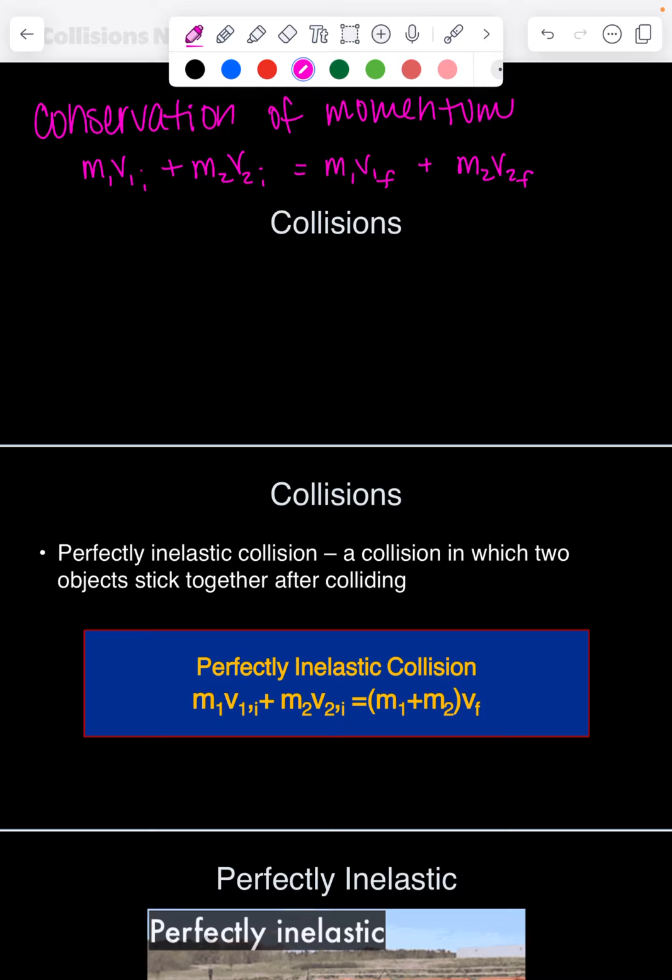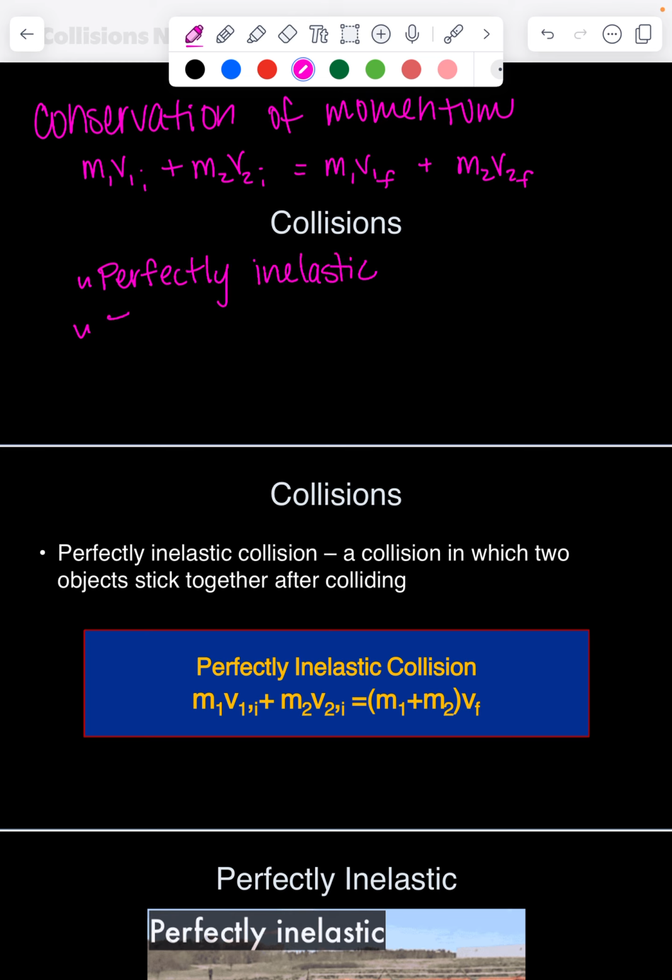So today we're going to be focusing on the types of collisions. We're still talking about the conservation of momentum, but we're focusing on the types of collisions and how momentum is conserved and what else is conserved in these collisions. We're going to be mainly focusing on three different types of collisions. The first one is called a perfectly inelastic collision.